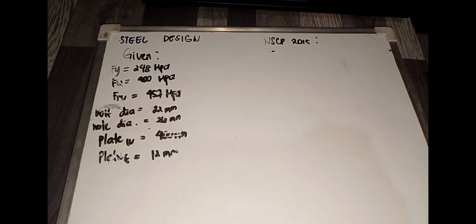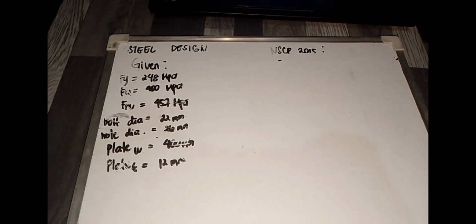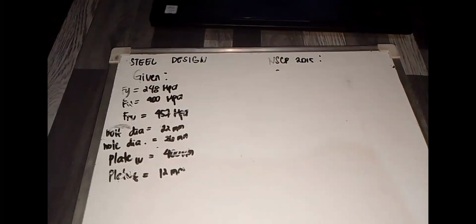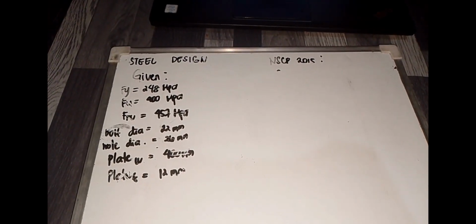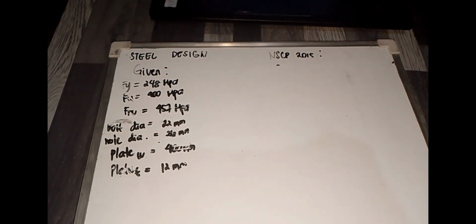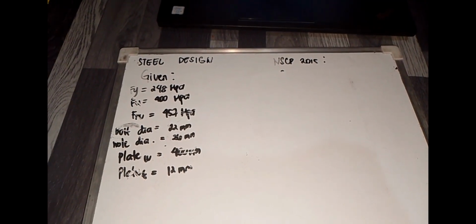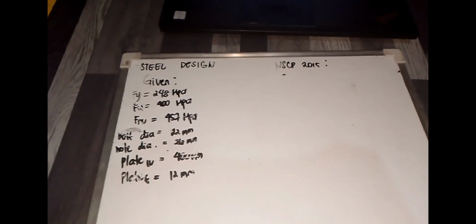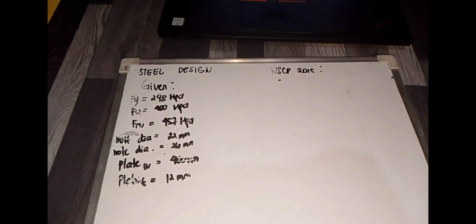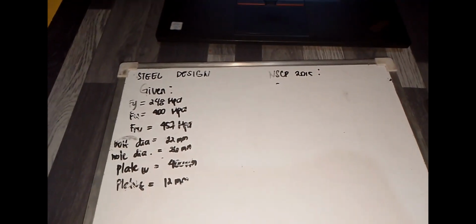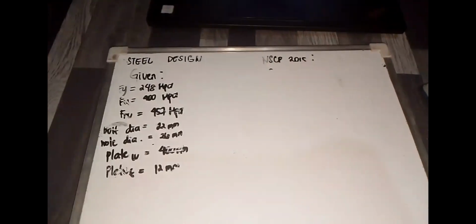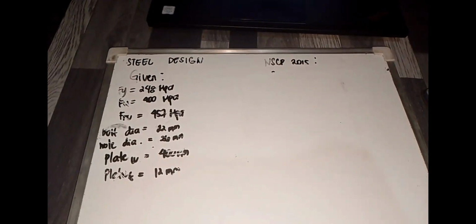From the problem, the given are Fy equal to 248 MPa, Fu equal to 400 MPa, Fnb equal to 457 MPa, the bolt diameter equal to 22 mm, the hole diameter equal to 26 mm, the width of the plate is 400 mm, and the thickness of the plate is 12 mm.